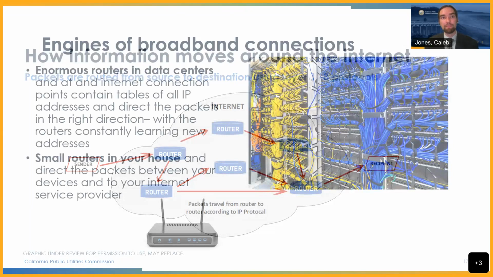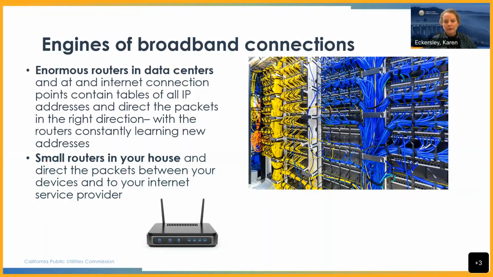The engines of the internet are routers. Humongous routers sit in major data centers. Data centers are places that require a lot of wiring, power, resilience, and security. The big routers are actually hidden behind the cables in this photo. They're big boxes that are maybe half a rack tall or larger.